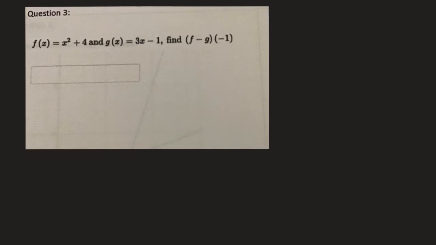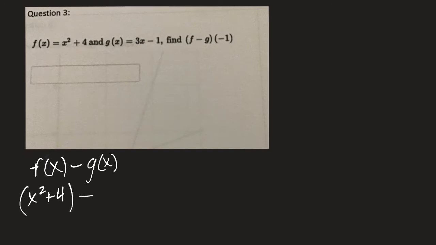Okay, so as we look at question 3, we're looking for what f minus g of negative 1 is. We can just set up f minus g first. So we're going to set up f of x minus g of x, and let's just see what we get first. So we've got x squared plus 4, that's my f of x portion, minus g, which was 3x minus 1.